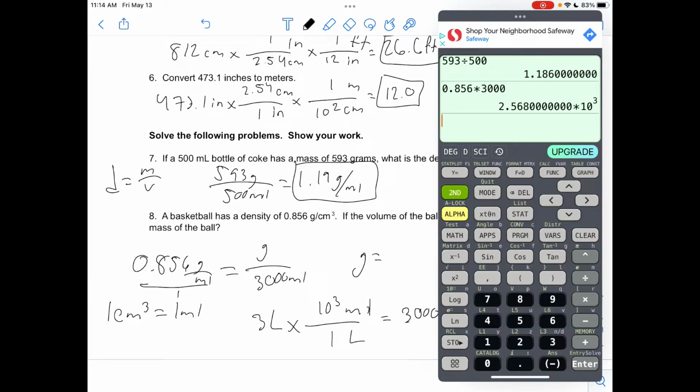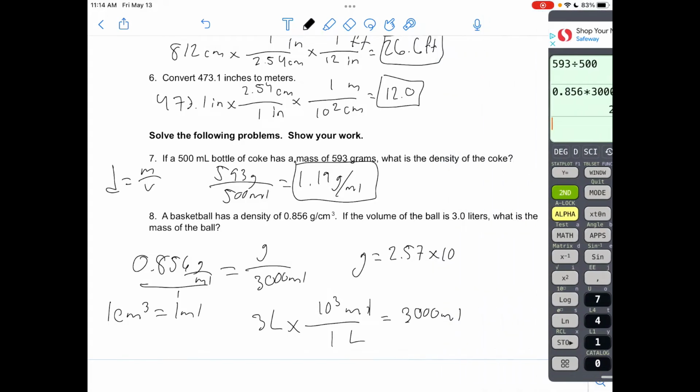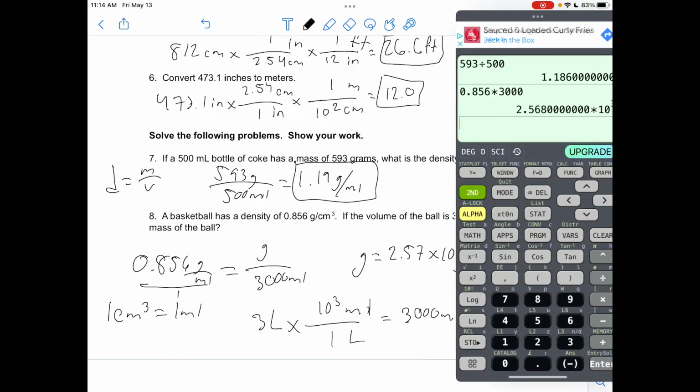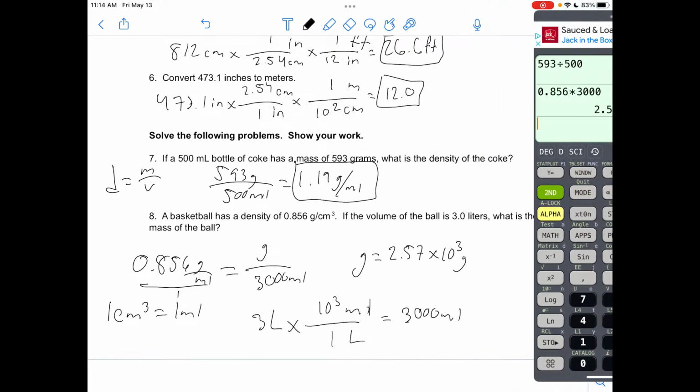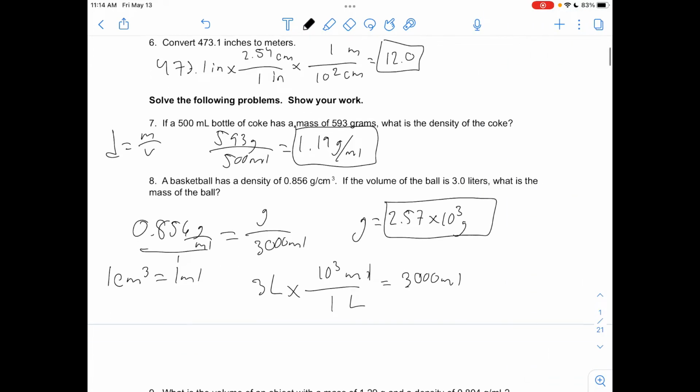And that's going to be equal to 2.57 times 10 to the 3rd grams. Okay, that's our mass.